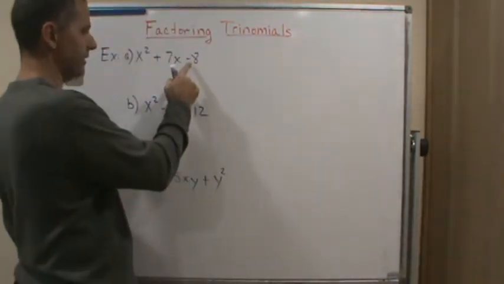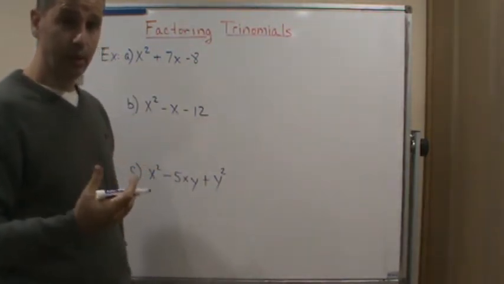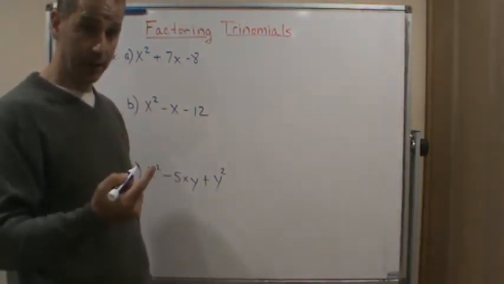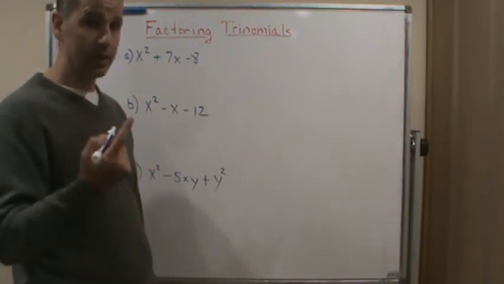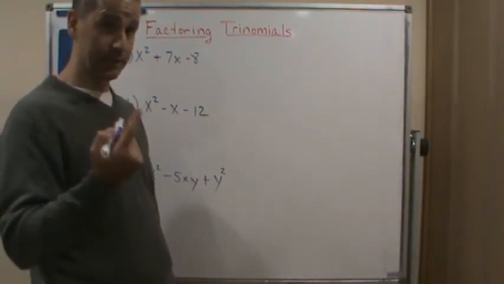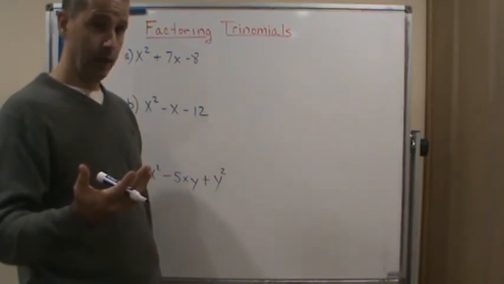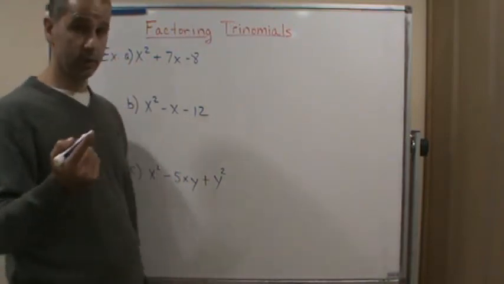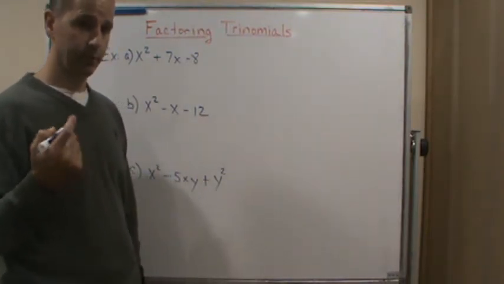Now, if this is negative, in order to get a negative number, we have to have two factors that are opposite signs. Which means when you add integers that have opposite signs, you have to subtract them, okay? And so that means you have to look at the middle term to see which one is going to be the positive or negative value.